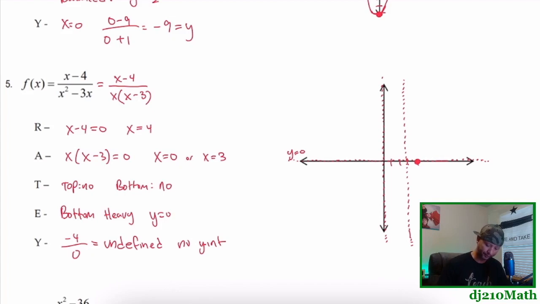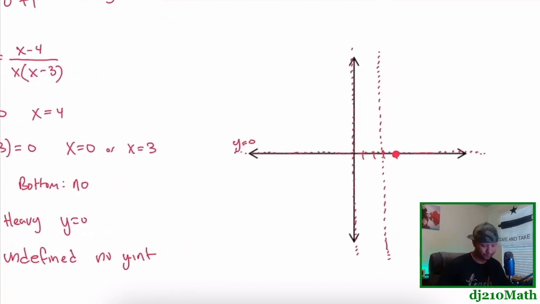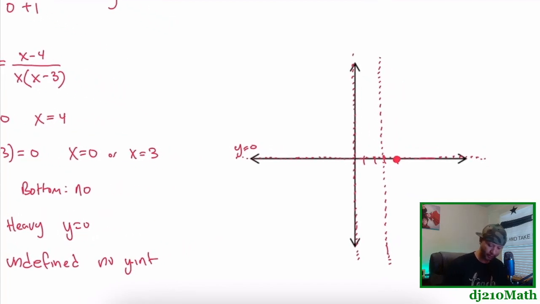So let's see. The only thing we can do, right, because it's not obvious, but we definitely want to start at the x-intercept. So we want to pick a number left or right of 4. So I'm going to go right of 4, which would be 5.